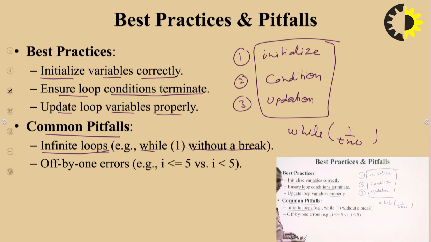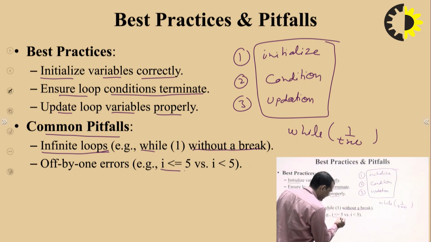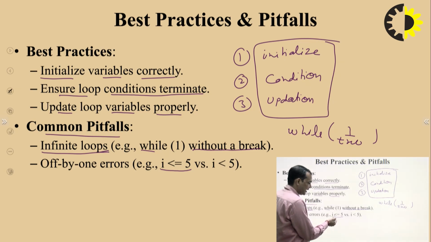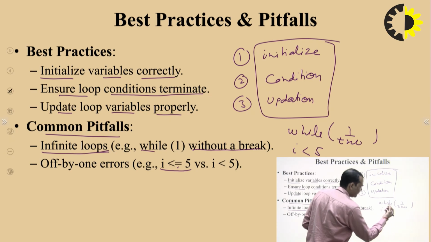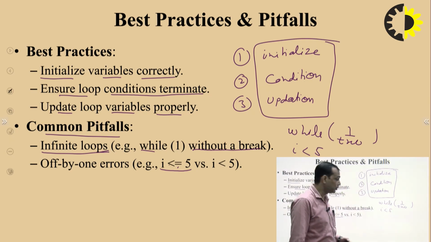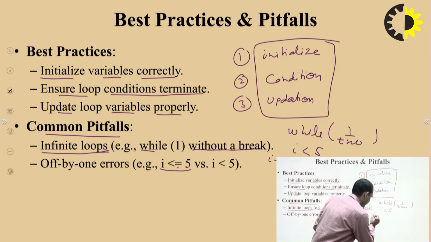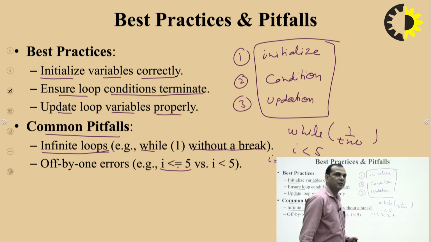Sometimes we have to properly initialize what we want. We use i < 5 or i <= 5, and there is a difference. If we use i < 5 and suppose i is 1, it will execute for 1, 2, 3 and 4, four times.